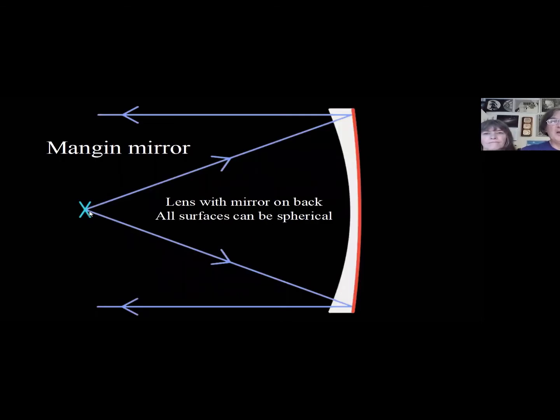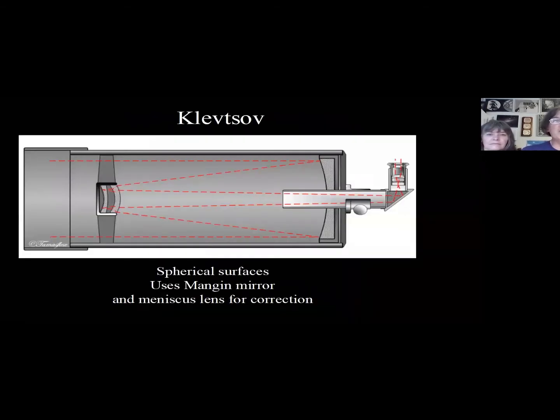So somebody thought, how about if we put all the glass just in front of the mirror, right in the back of the telescope? So there's a glass lens, essentially, and this red line here is the mirror behind it. Apparently it works, but for some reason it never really caught on, except Mangin mirrors are used in other designs, like the Klevtsov, which you've probably never heard of, and I hadn't either until I started doing this research.